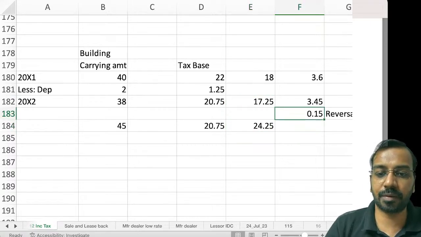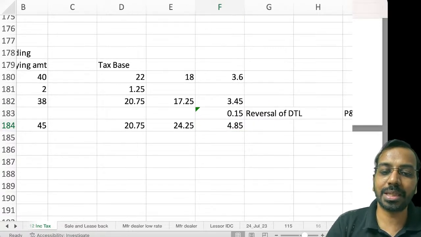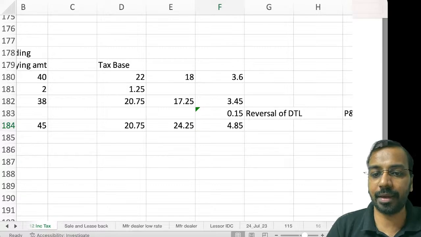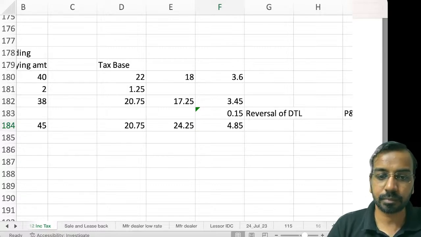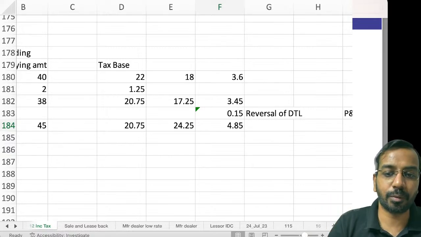So because of this difference, now we have a liability of 4.85. Right. Now this liability of 4.85 pertains to your closing balance because of revaluation.